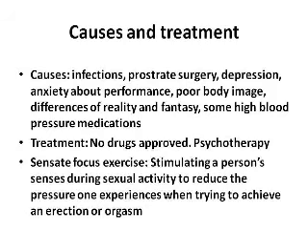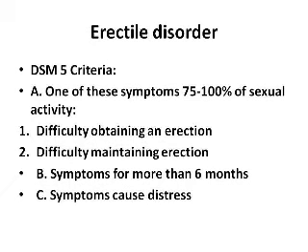Let's talk about another very common sexual dysfunction disorder, erectile disorder. Let's consider what the DSM-5 criteria is. First of all, you must have one of these symptoms for 75 to 100% of sexual activity.